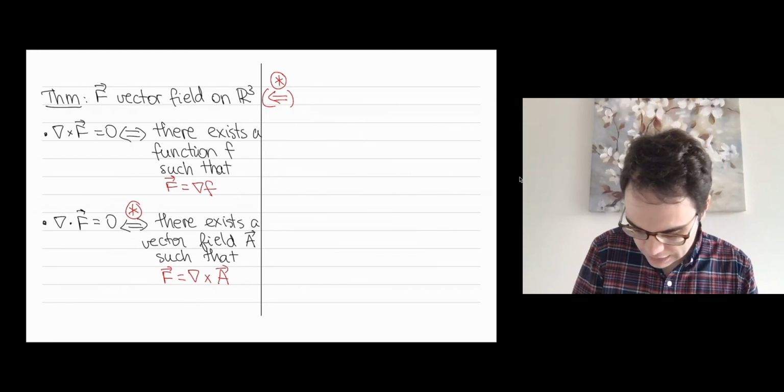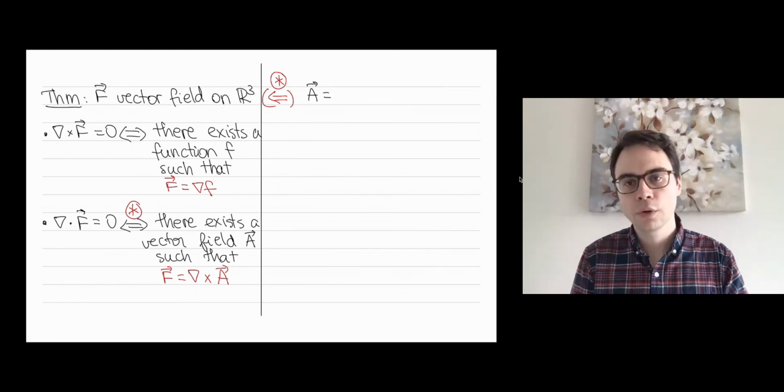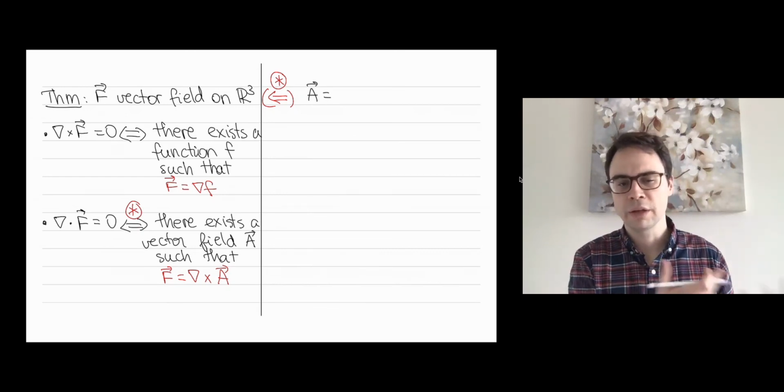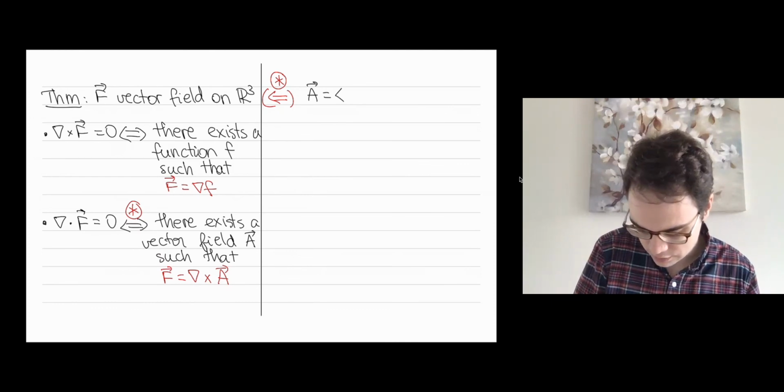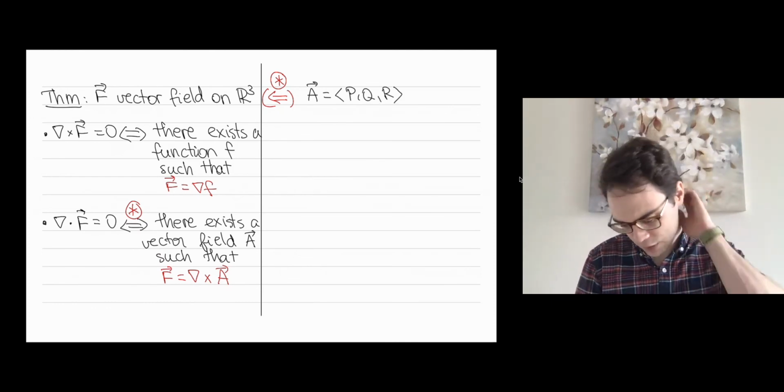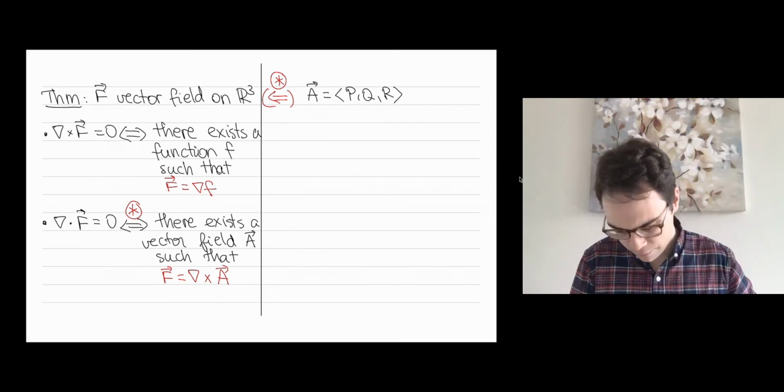Normally P, Q, and R are the components of the vector field f, but here I never said this, so I can just use those letters to denote the components of A. Otherwise, I'd have to come up with letters for the components of A.